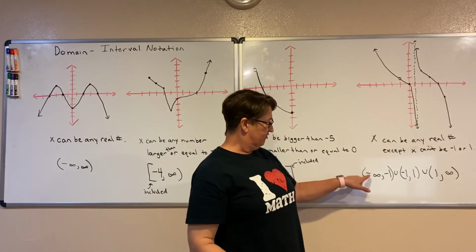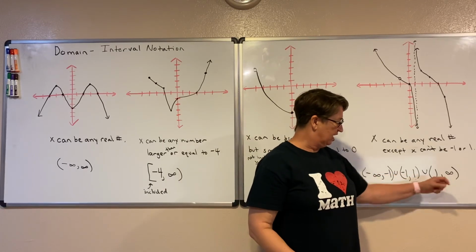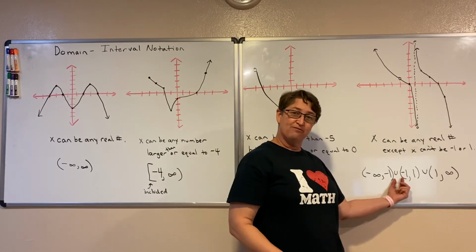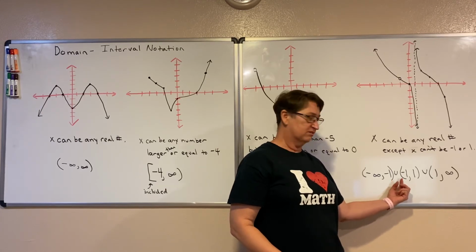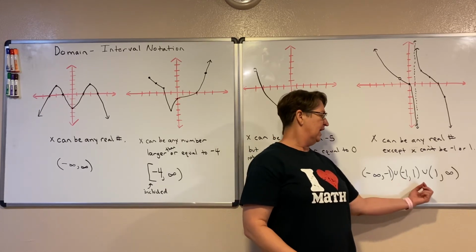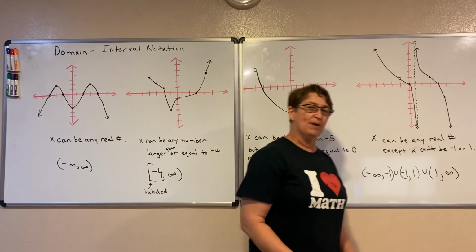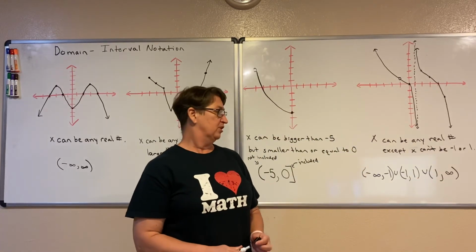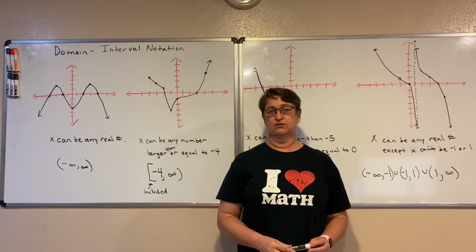Or you could just think of it as I go from negative infinity out to positive infinity, but my x value, my domain, can't be at negative 1. I skip over negative 1, and I skip over 1. So there's my domain in interval notation for all 4 of those functions.